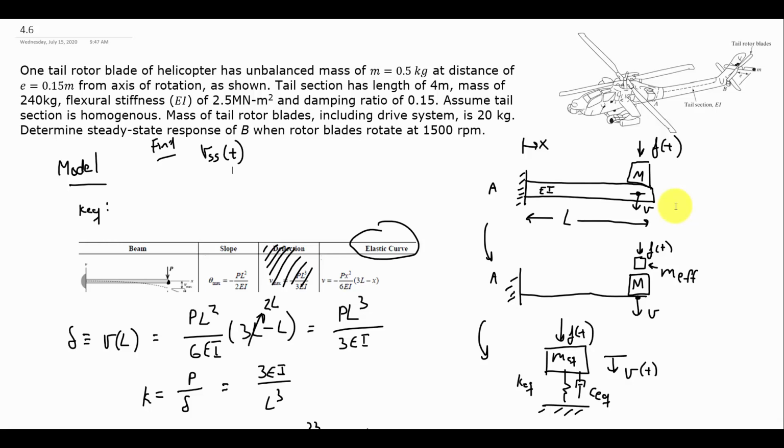So this is a case, and the clue really was at the beginning here, that pretty big massive tail, about 10 times the mass of the tail rotor section that's carrying, is a clue that we should be accounting for the mass of the beam or the mass of the distributed deformable body in general in this problem.